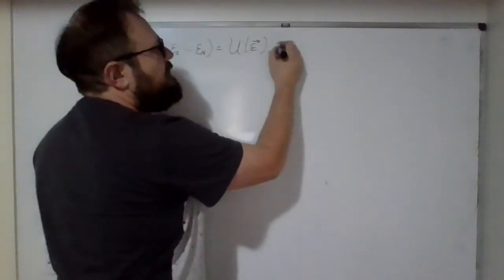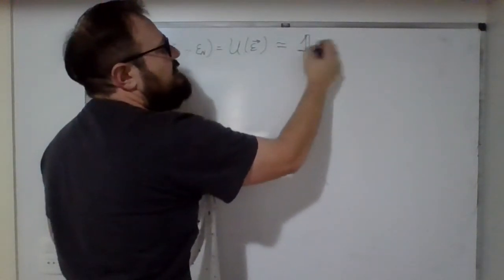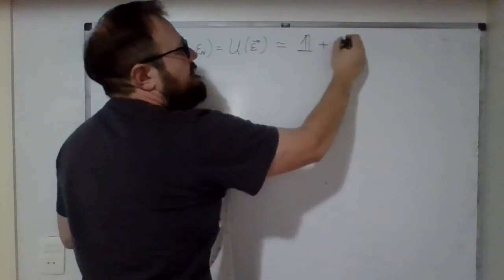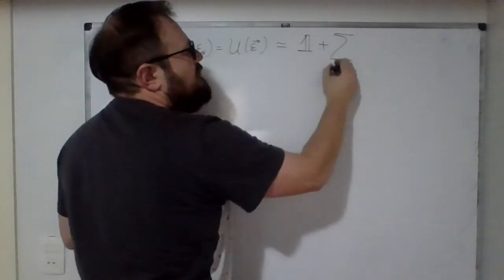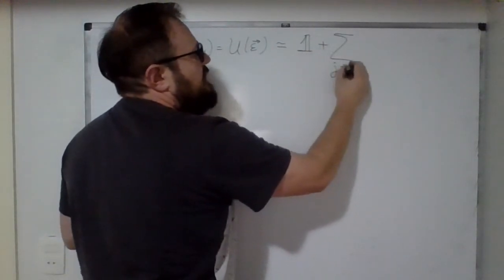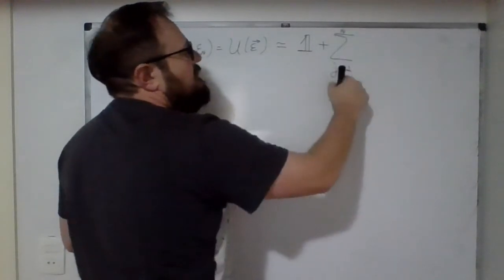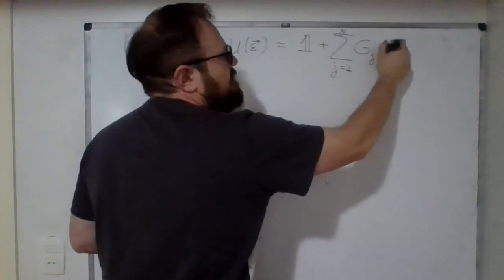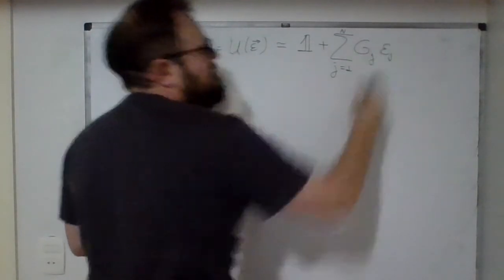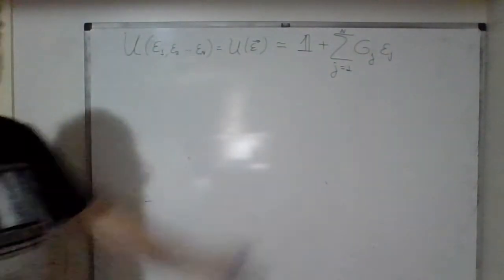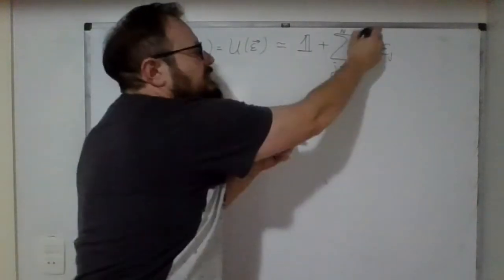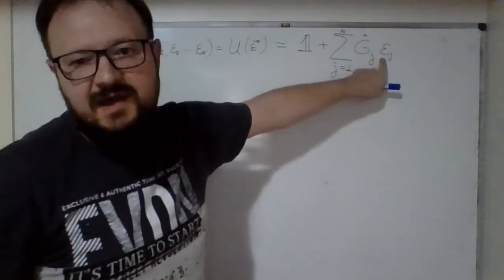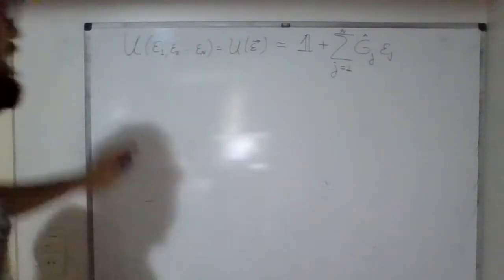It will be approximately given by the identity plus a summation over j from 1 to n of generators times the infinitesimals. All right. So this will be matrices, and this will be infinitesimals in general.